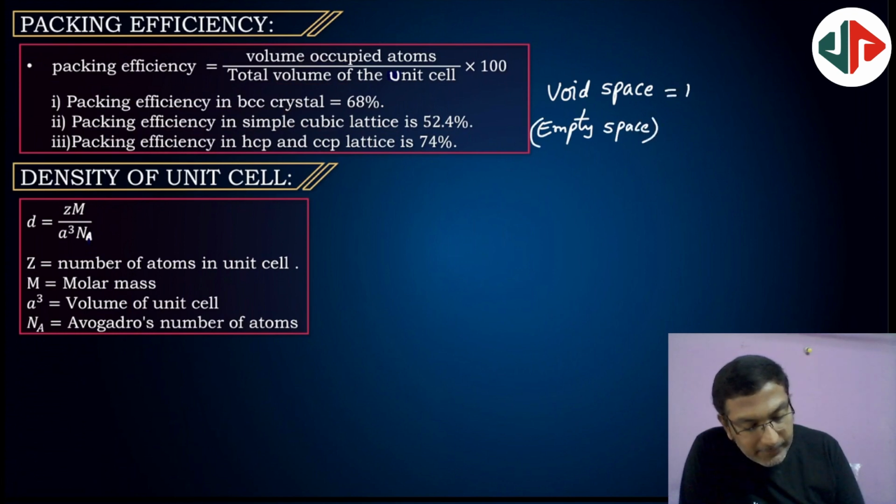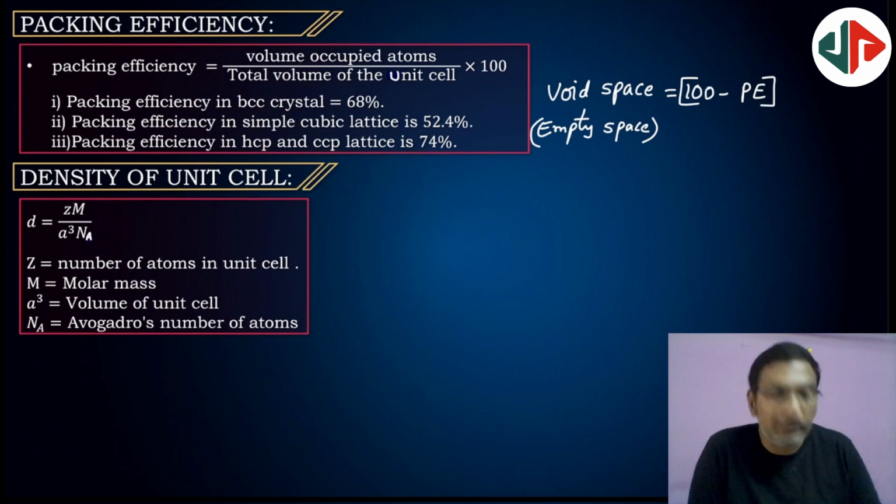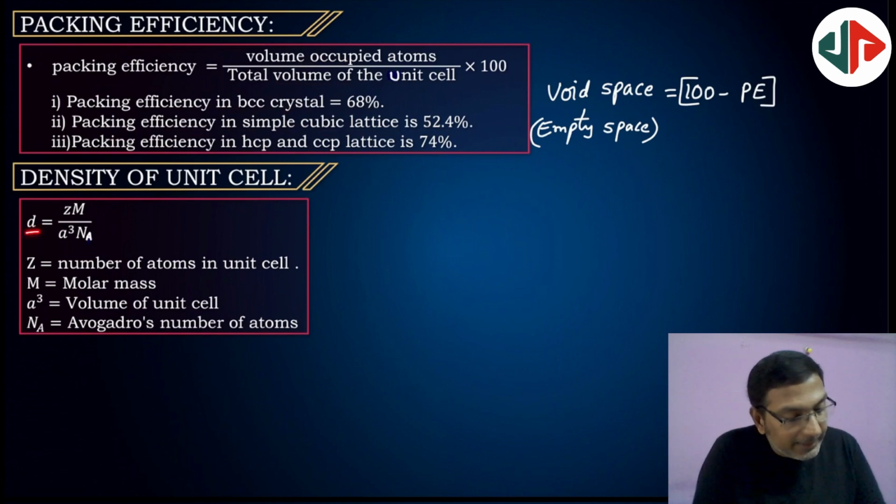Empty space equals 100 minus packing efficiency. Very, very important.